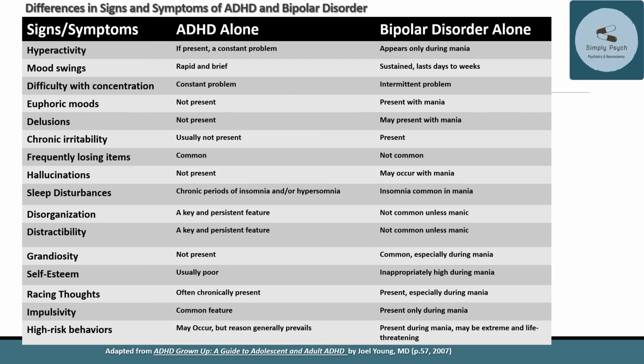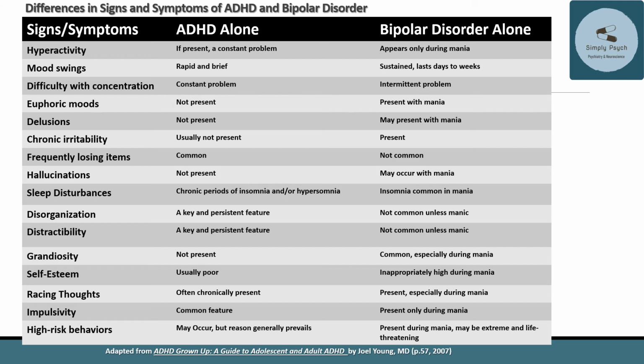In terms of disorganization, it's a key and persistent feature in ADHD, and in bipolar disorder it's not common unless manic. Same thing for distractibility. Same thing for grandiosity. For self-esteem, it's usually poor, right? Patients with ADHD usually have low self-esteem, and that makes sense.